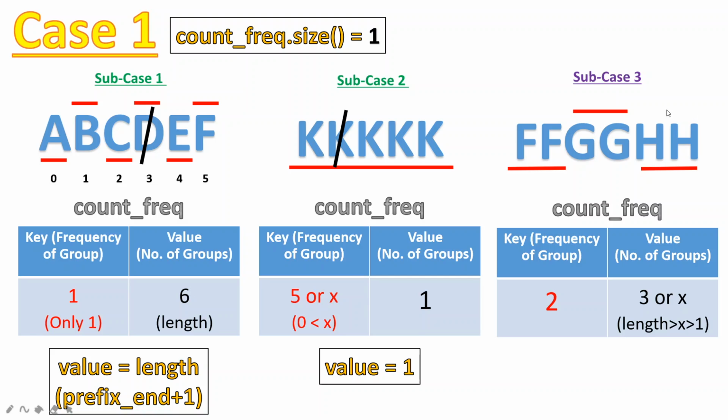Like let's say if I remove H, this group will no longer be of two frequency, it will become one, and hence this won't give us the solution. So there's no way of removing one element and also getting elements having equal frequencies, right? So this case is not the desired case, hence we have to look for subcase 1 and subcase 2.